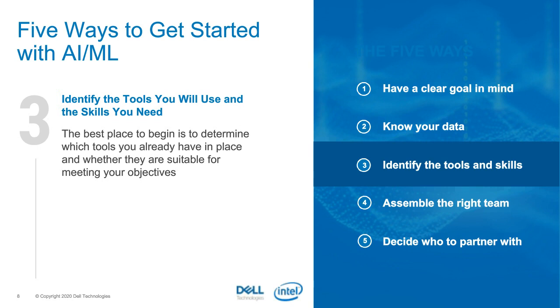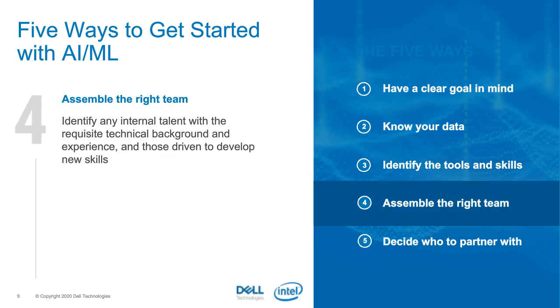So from there, which leads to assembling the right team. Right? So once you've identified what it is that you need in terms of tools, in terms of gauging the skill set that is needed for getting that project completed, you have to make sure that you have all the right people in order to push that project into completion.